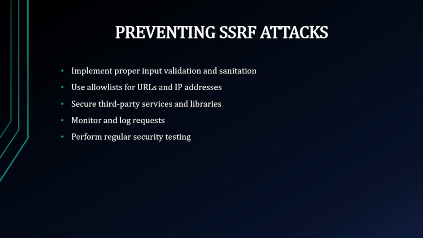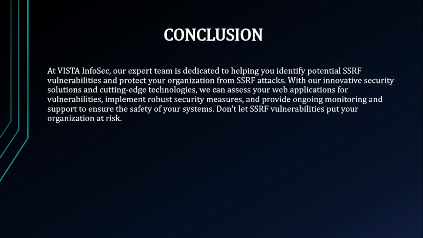Conduct application security penetration testing to identify vulnerabilities in your web applications and address them proactively. By adopting these measures, you can significantly reduce the likelihood of SSRF attacks and safeguard your web application from potential threats.